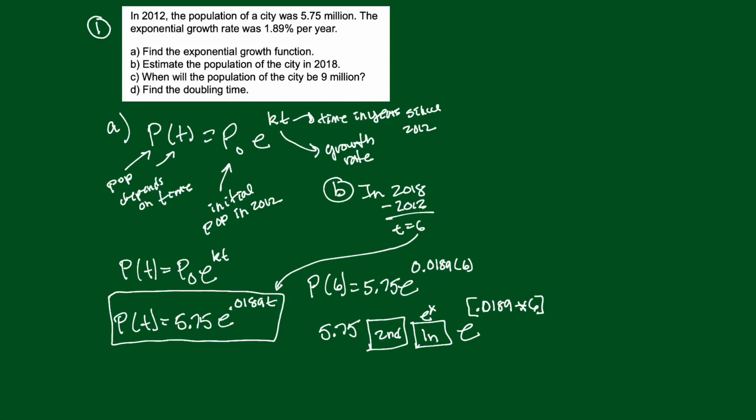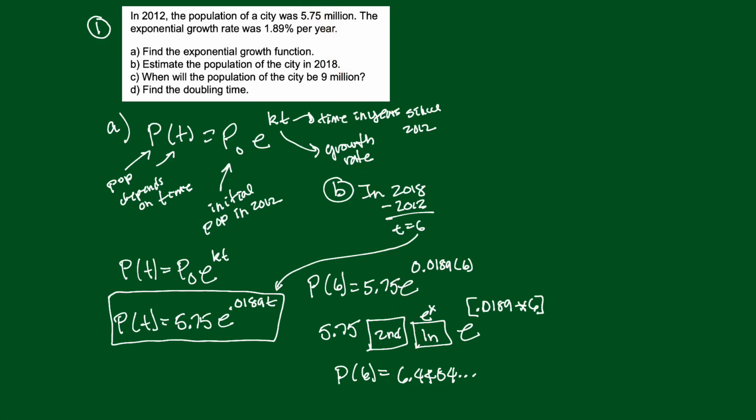And then press enter. Now when I press enter, I got this. I got P of 6 being 6.4404... It keeps on going. But here's what I'm going to do. When I look up to the original problem, the population was given to 2 decimals. So I'm just going to write this as 2 decimals.